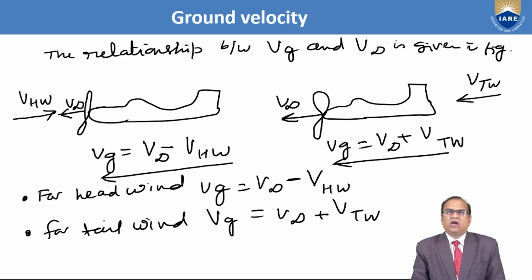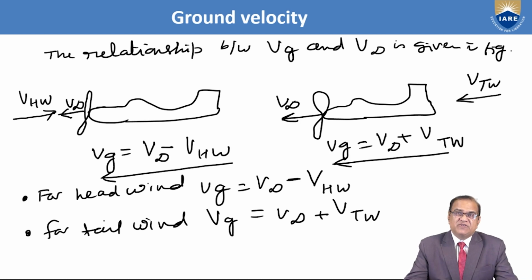So now we will see what is the ground velocity and how it depends on your free stream velocity. There is a relationship between the ground velocity Vg and the V infinity as given in this diagram.